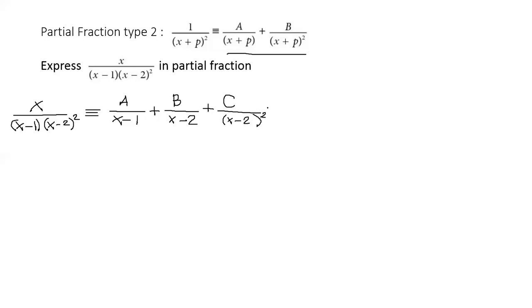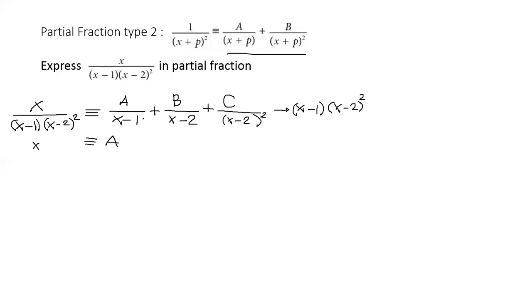For the next step, you have to multiply by (x minus 1) and (x minus 2) squared, the denominator, and it becomes the numerator x here, and all the numerator here becomes a.